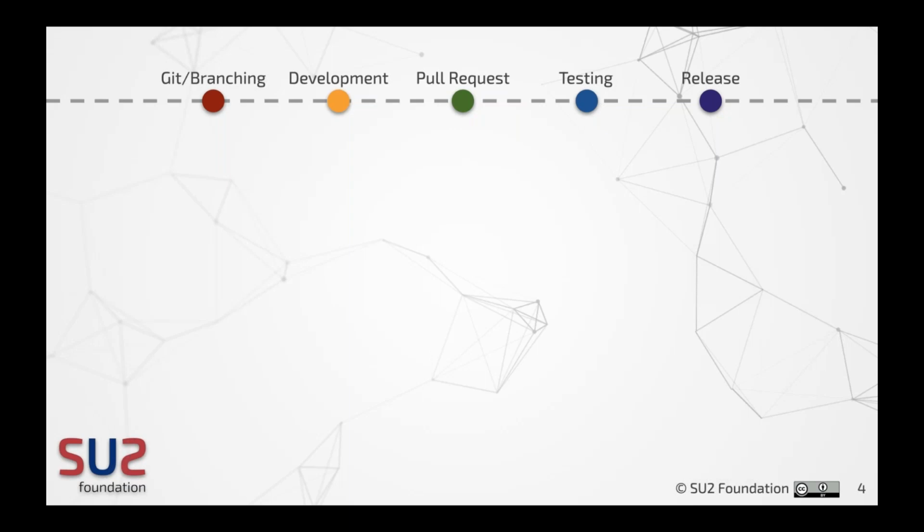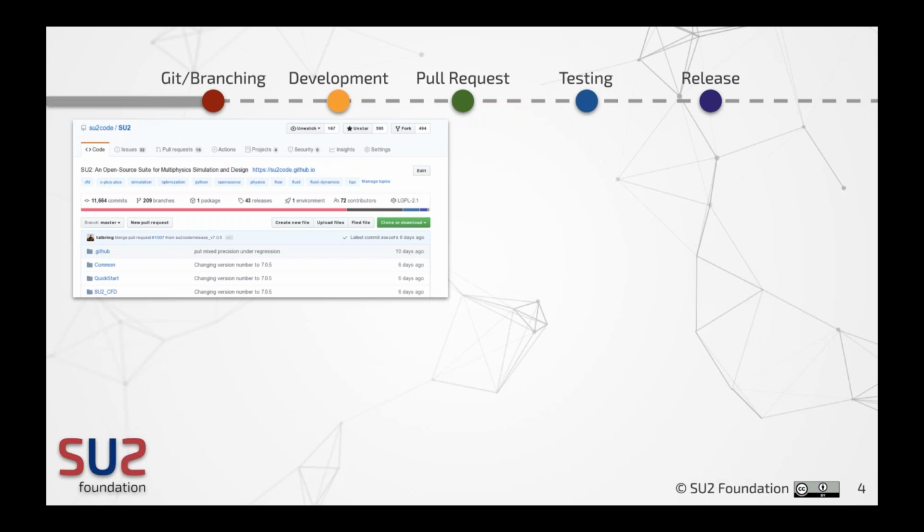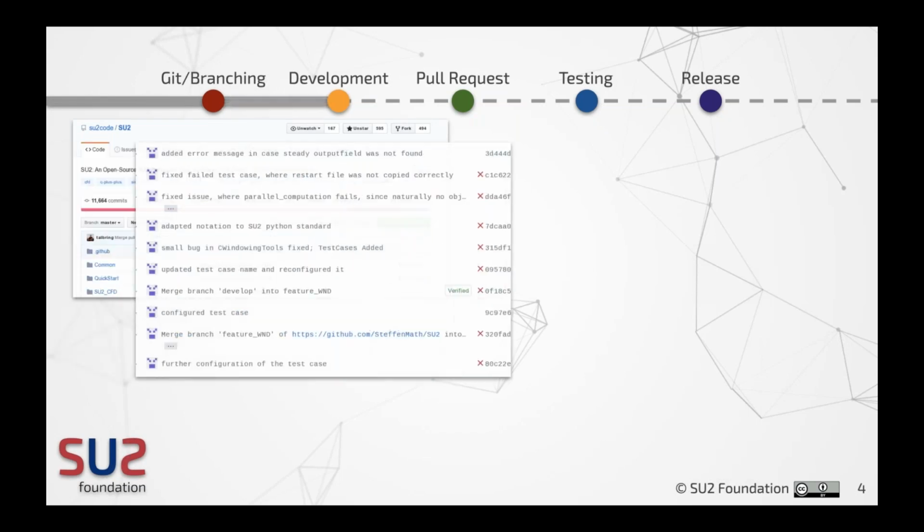All of them somehow overlap, but I try to separate them in the course of this presentation. First we'll hit the Git branching, which allows you to set up a work environment where you can safely do your changes. The next step would be the development itself.